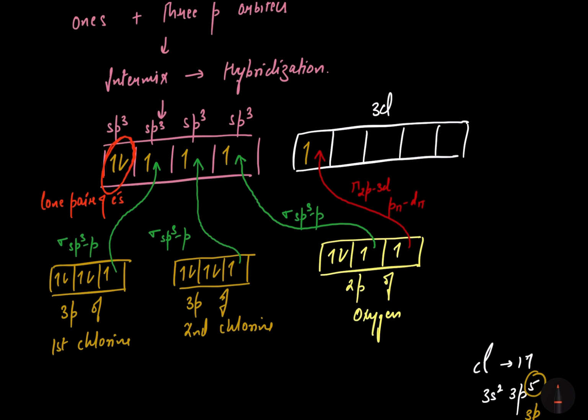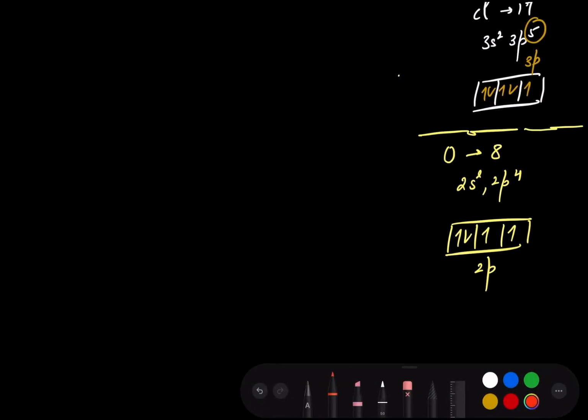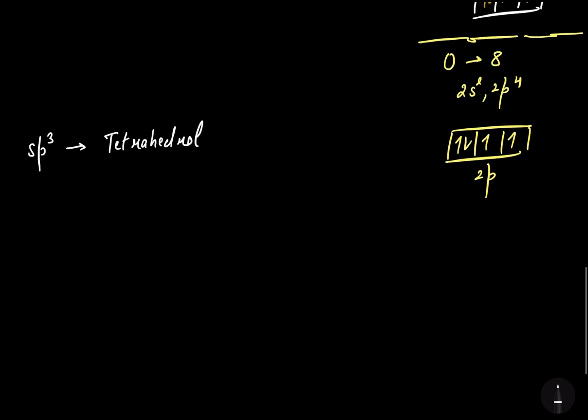Now let's talk about the geometry. Which hybridization have we got over here? We got the sp3 hybridization. What's the standard structure for sp3 hybridization? That's tetrahedral. So we are having sulfur over here.